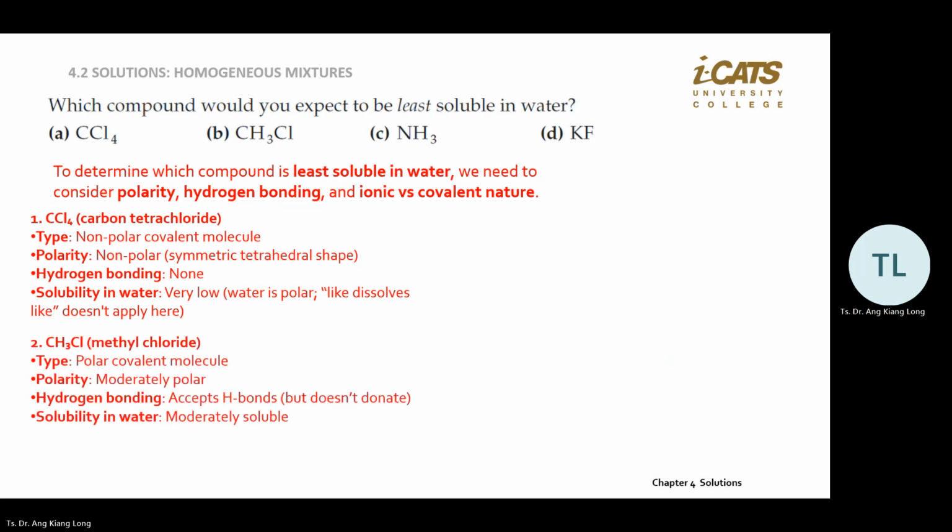Second material, CH3Cl. Again, start with the 4-dimension analysis. Start with the type, whether it is ionic or covalent. CH3Cl has no metal here, so it's a covalent molecule. Is it polar or not? You need to draw the geometry, then see whether there is a lone pair or not. Usually if there is a lone pair, then it is polar. Polarity: moderate, but it's polar if you draw the shape. For hydrogen bonding, is there hydrogen or not?